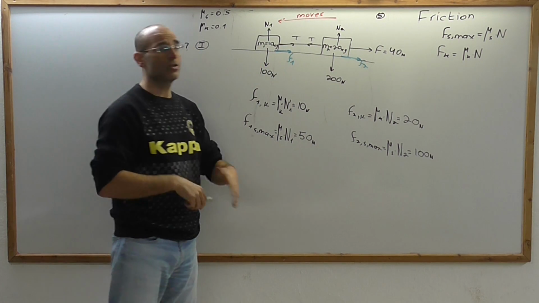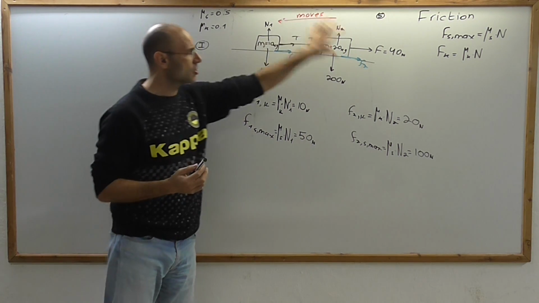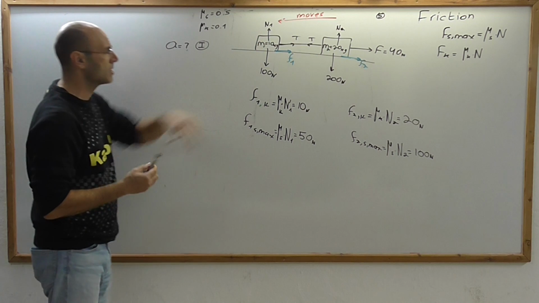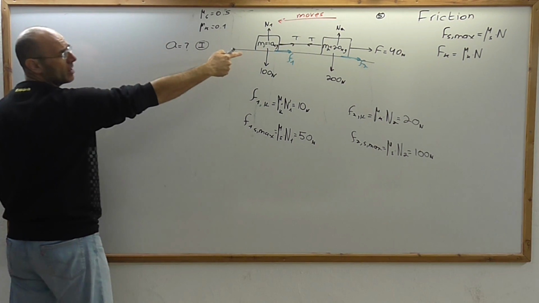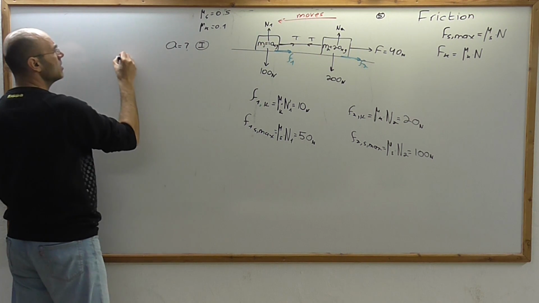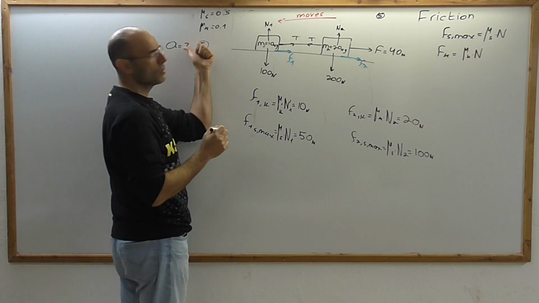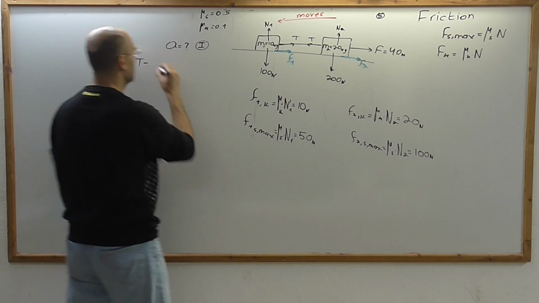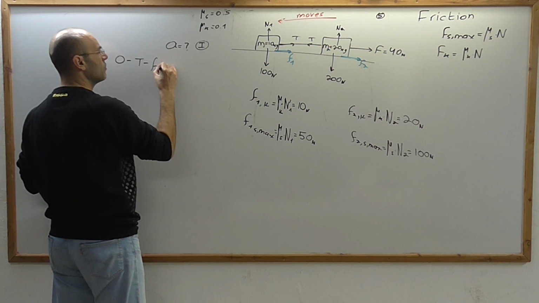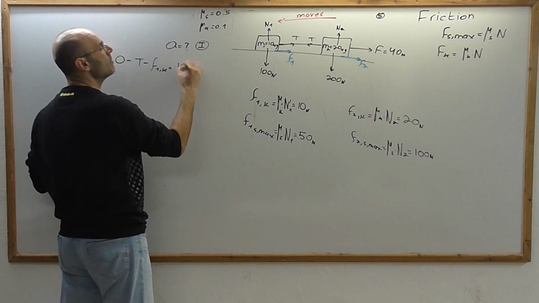Okay, let's look at one mass at a time. The line of movement is this one. So if I write the equation on this one, I will write 0, because there's no force here, minus T, minus F1 kinetic, equals MA.